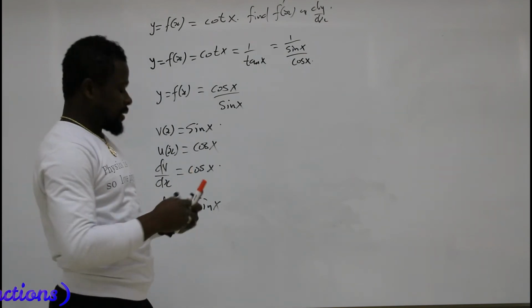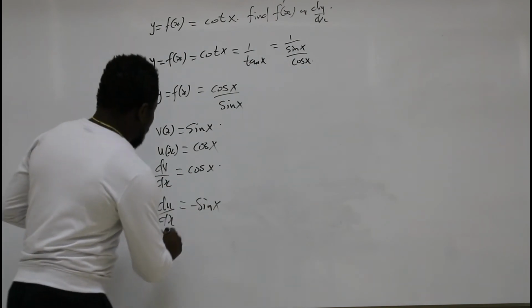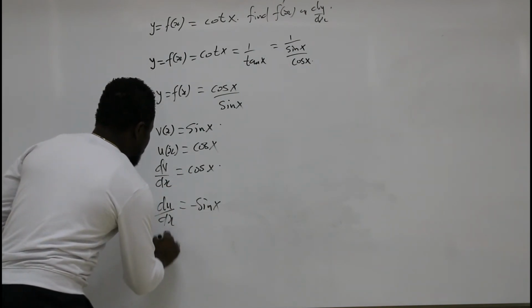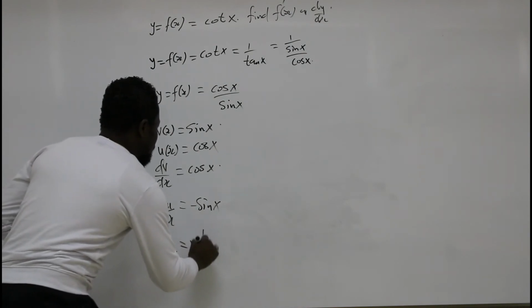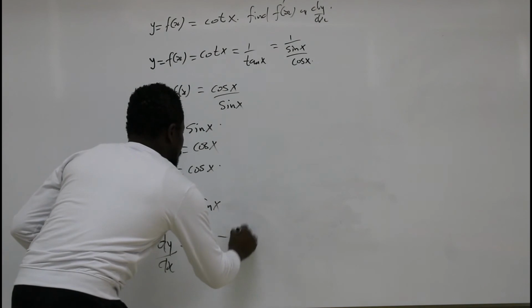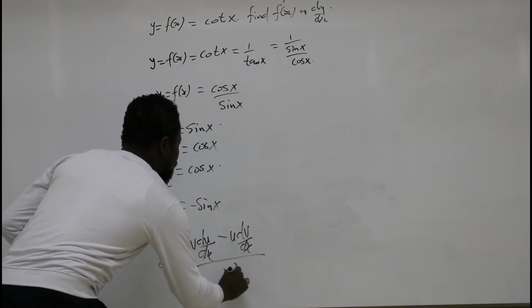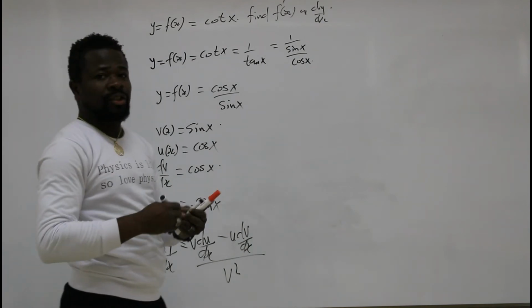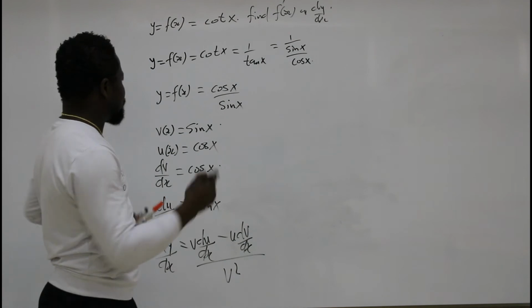Now I have gotten this, I need to apply the quotient rule, and we know dy/dx is going to be v du/dx minus u dv/dx, all over v squared. So I need to do the substitution here and solve for the problem.